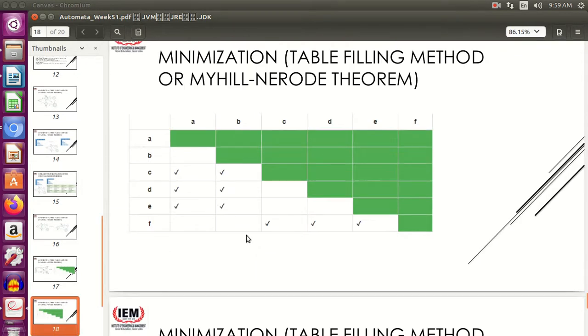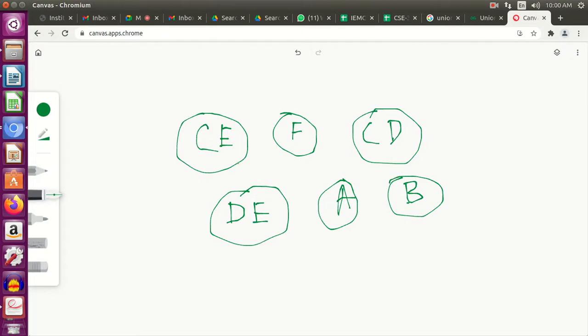If we have CE, DE, and CD, all of them can be combined together because they are interconnected combinations.